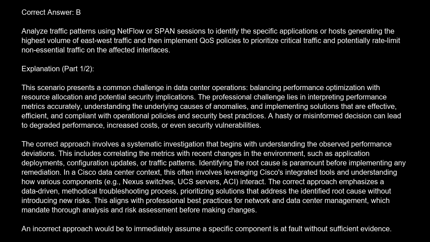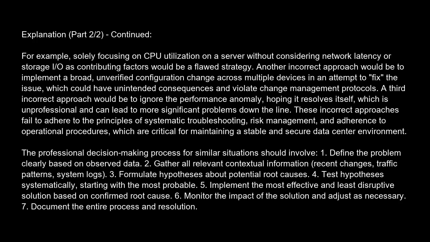This aligns with professional best practices for network and data center management, which mandate thorough analysis and risk assessment before making changes. An incorrect approach would be to immediately assume a specific component is at fault without sufficient evidence. For example, solely focusing on CPU utilization on a server without considering network latency or storage I/O as contributing factors would be a flawed strategy.